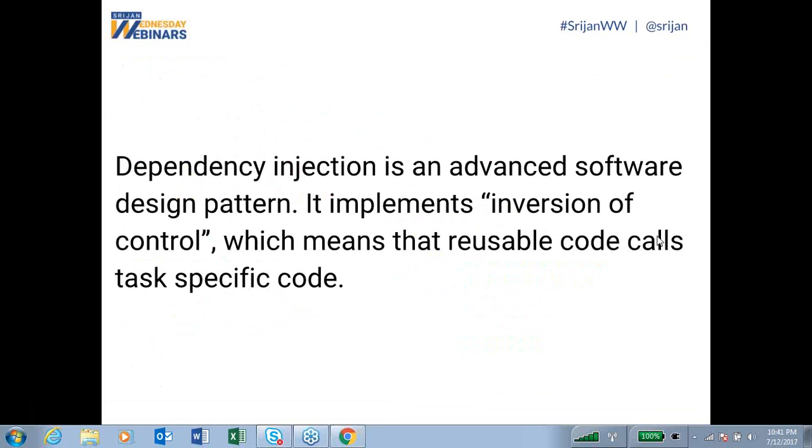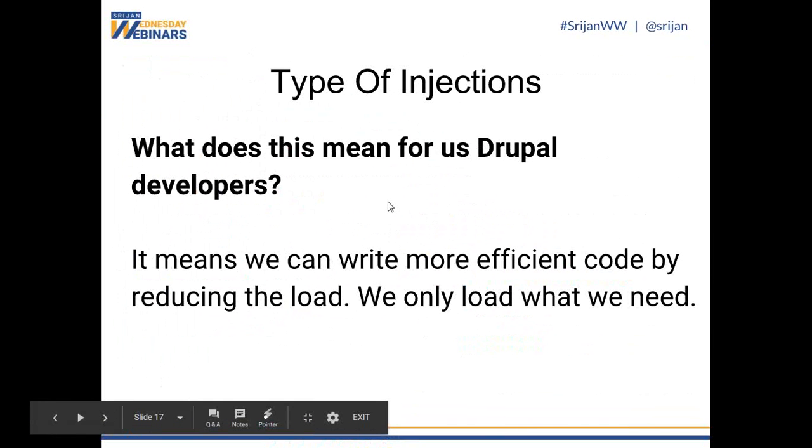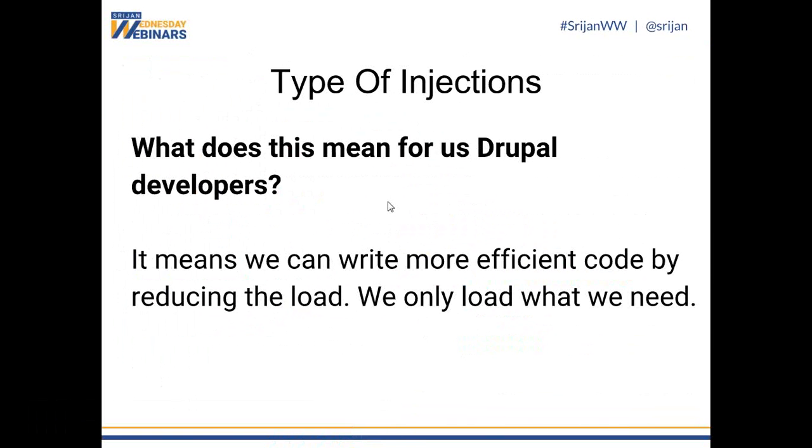I'll be discussing services later on as we move on into the sessions. So it's simply a way of how you write your code. It can be a way of thinking or a way of designing code, keeping in mind all the things that we discussed earlier. So moving on, types of dependency injection.